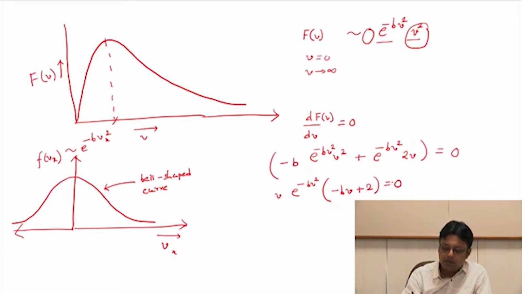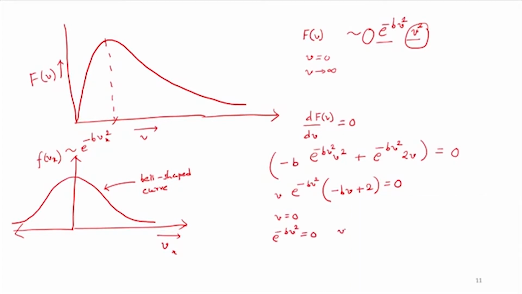Now you have three possibilities. One is v equal to 0, that is just one of the minima. The second possibility is e to the power minus bv square equal to 0, which happens when v tends to infinity. So these are the two locations of the minima: the first is here, and the second is basically at infinity.